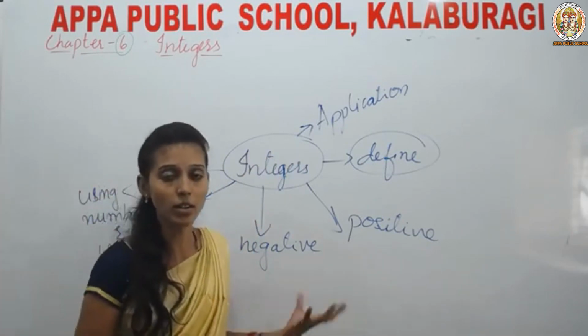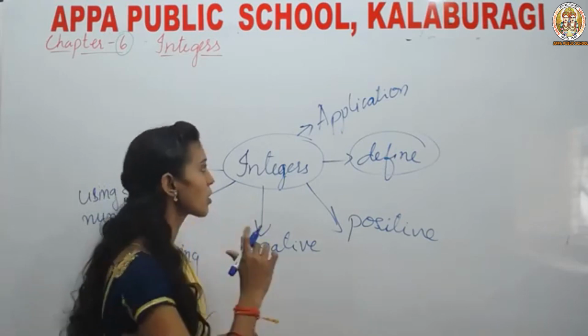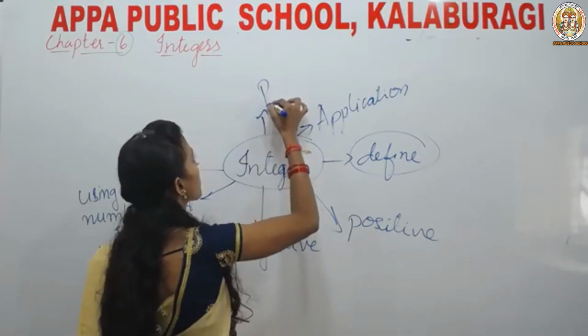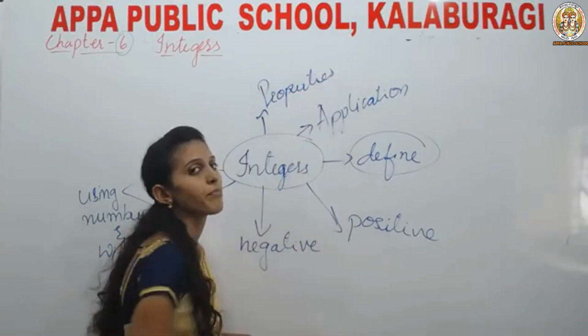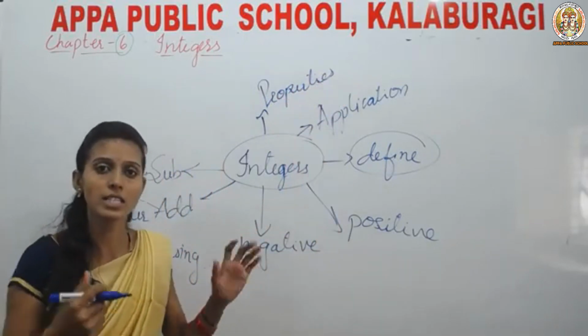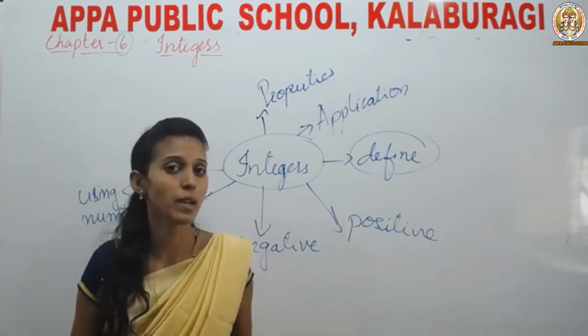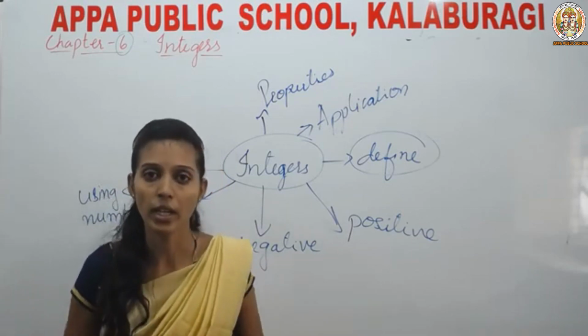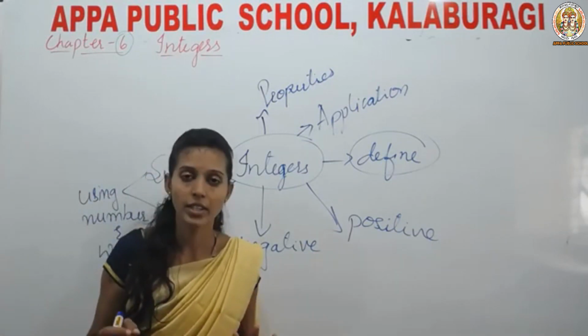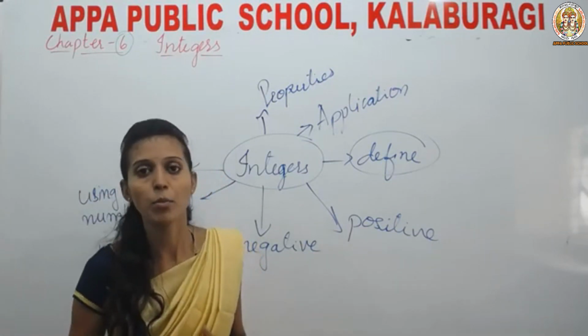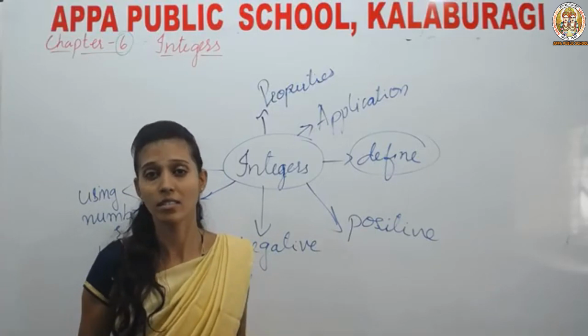This year you are going to learn this, but next year you are going to learn its properties also, which properties hold good. All 6 properties I have already explained, and you know them: closure property, associative property, distributive property, then identity property, inverse property, and so on.